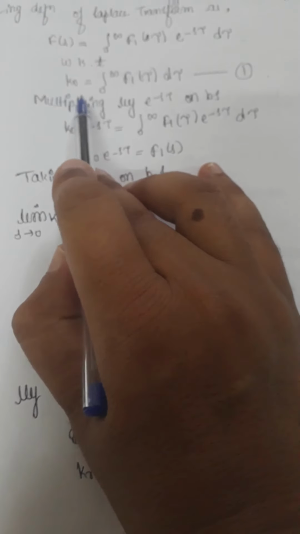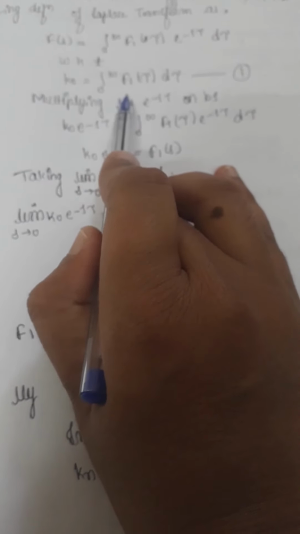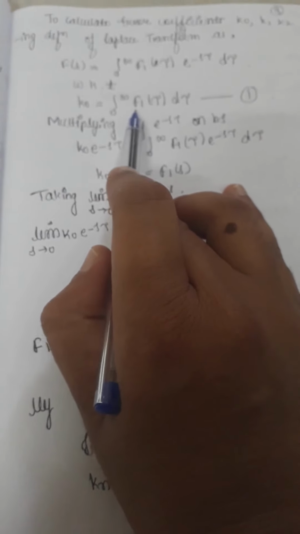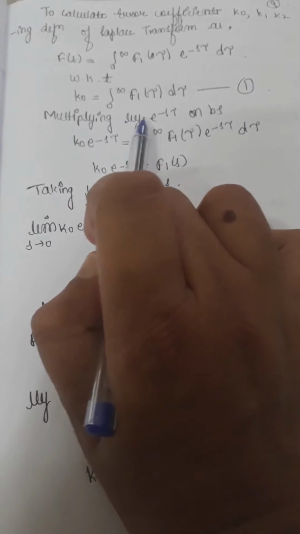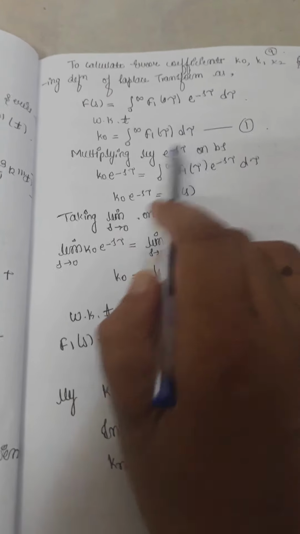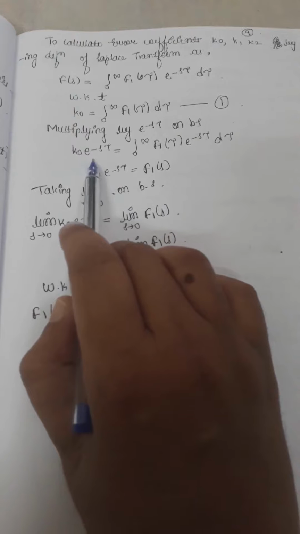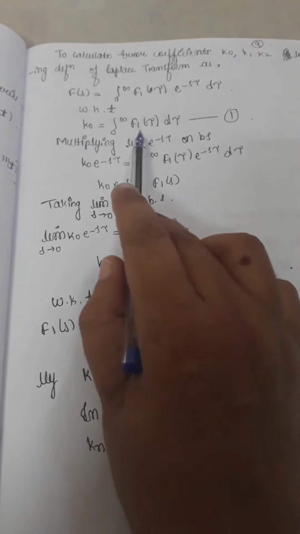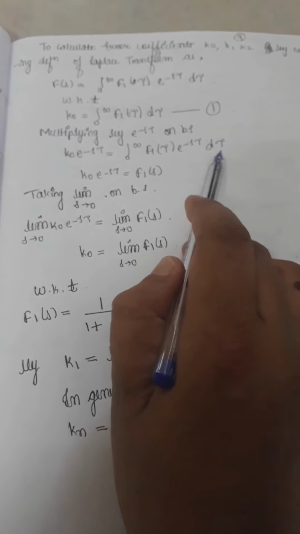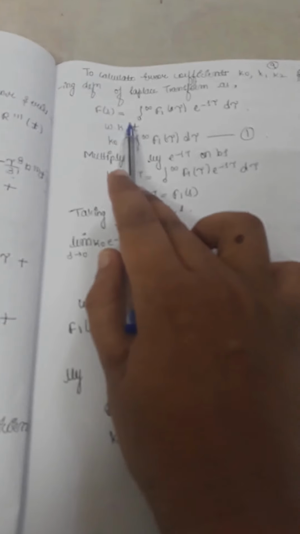And we know k0 is equal to this, as we have just seen. So multiplying e to the power of minus s tau on both sides, k0 into this is equal to this into e to the power of minus s tau d tau. This is an expression for the Laplace transform only.